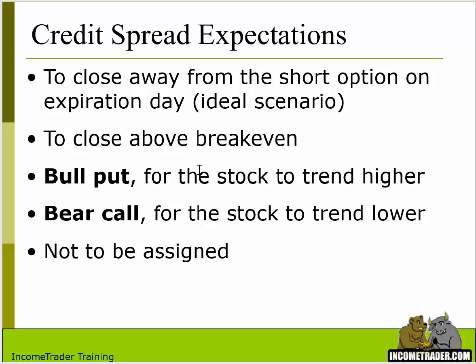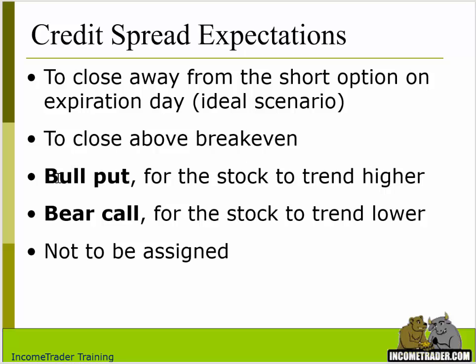The break-even price would be the strike price you sold minus the premium that you've already received. Between your strike price and your premium, there's going to be a safe zone involved here as well. So we're really allowing for a stock to move potentially in multiple directions.